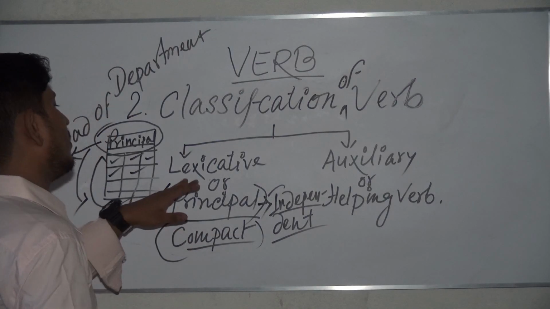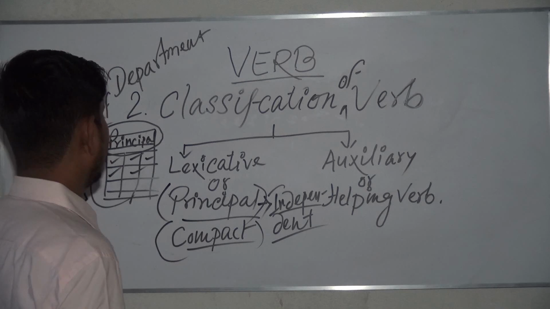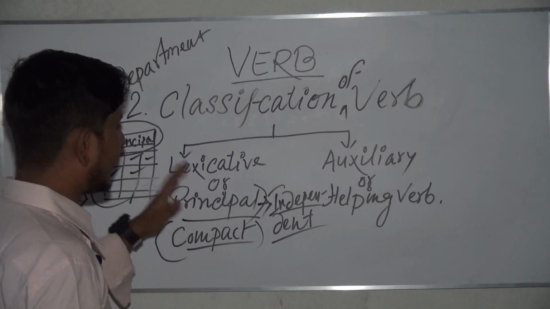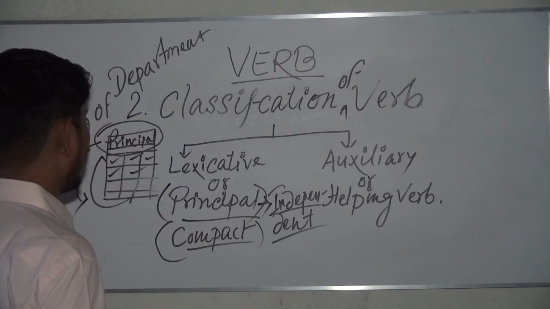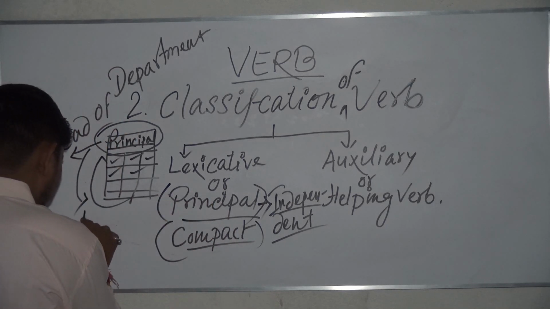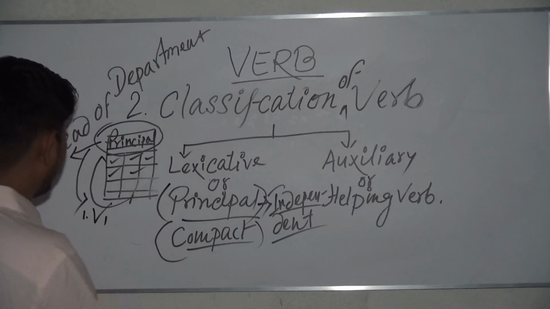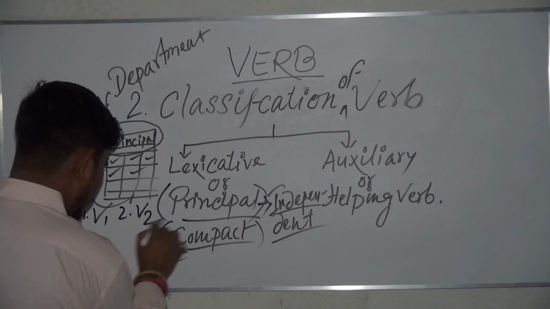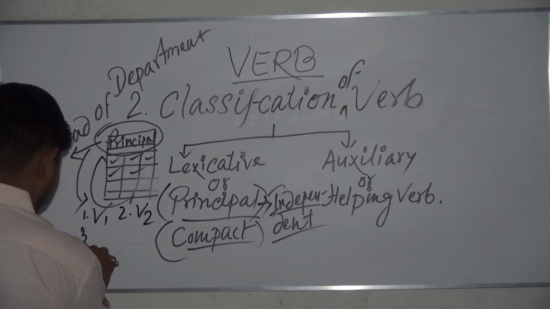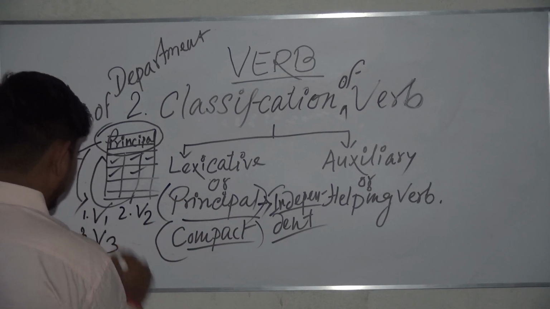So now, principal verbs are basically categorized into 5 types of formations. Number 1, V1 formation. Number 2, V2 formation. Number 3, V3 formation.